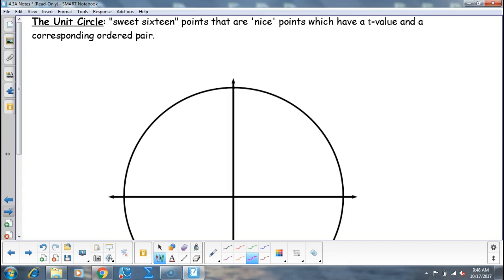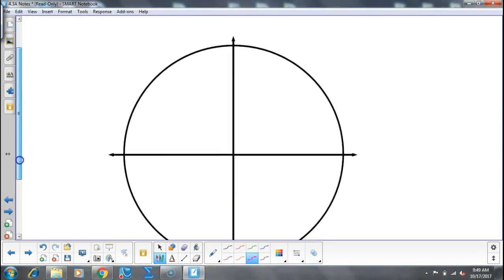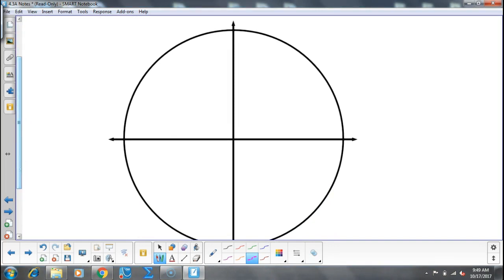So there are 16 nice points on the unit circle. We'll start with the easy ones. 1, 0 is on the unit circle. Yes?